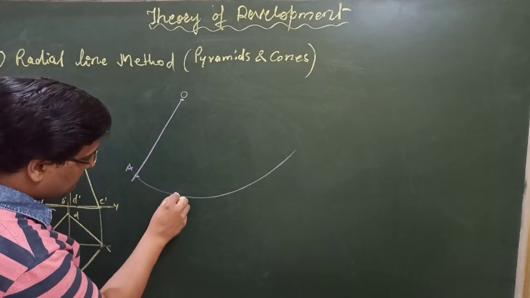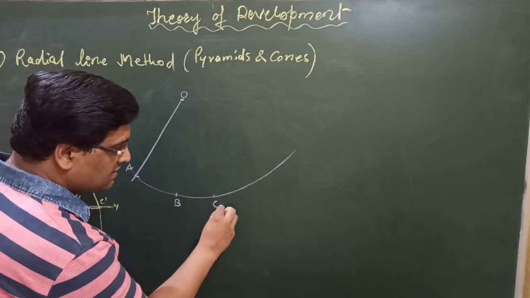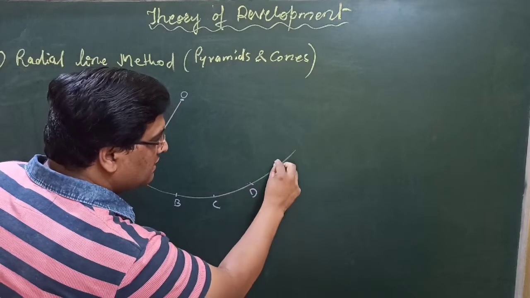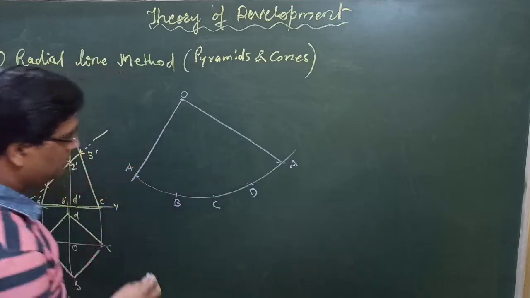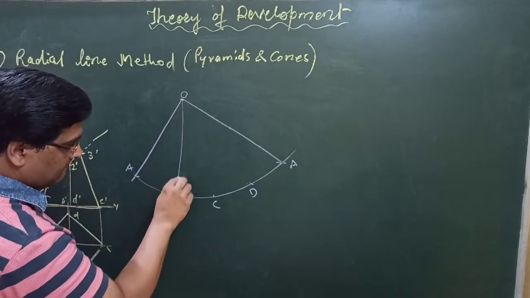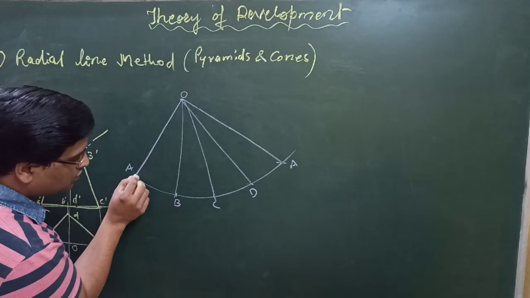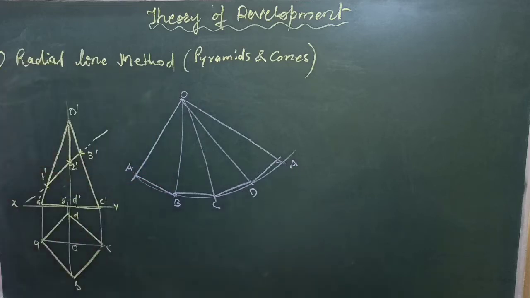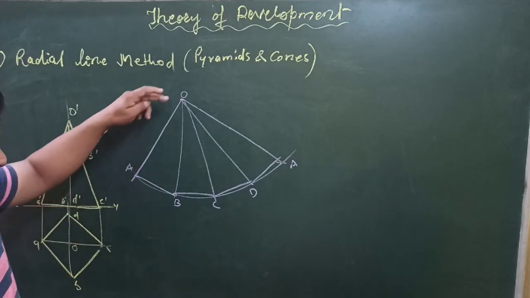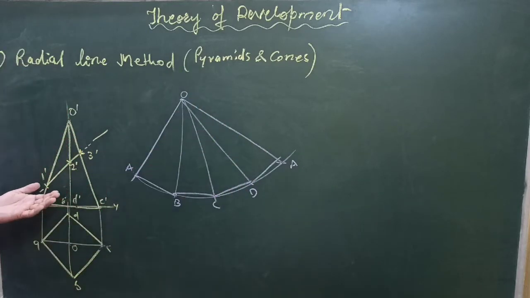Take A as center, cut a point so that you get point B. Take B as center, get C, then D and A. Join O with A, O with B, O with C, O with D, and also AB, BC, CD and DA. So this O, A, B, C, D, A, O is the development of the complete pyramid without considering the cutting plane.